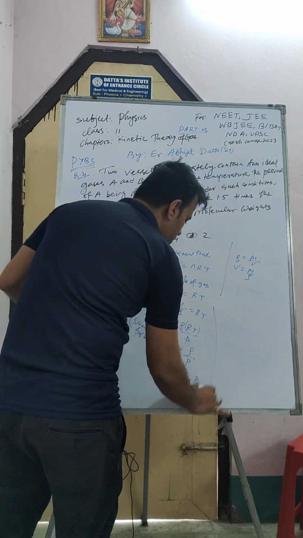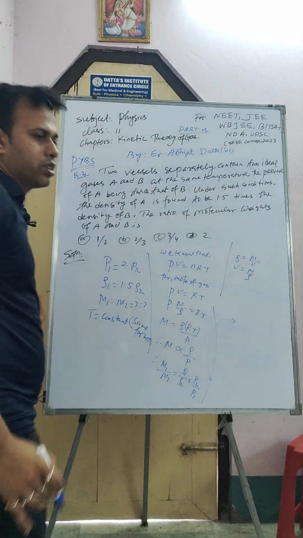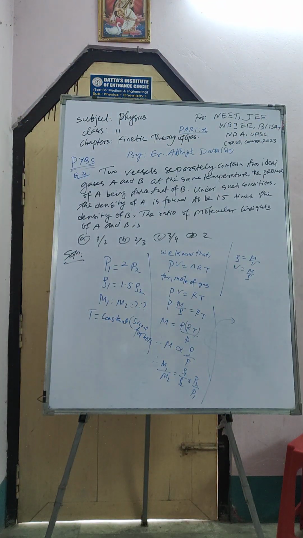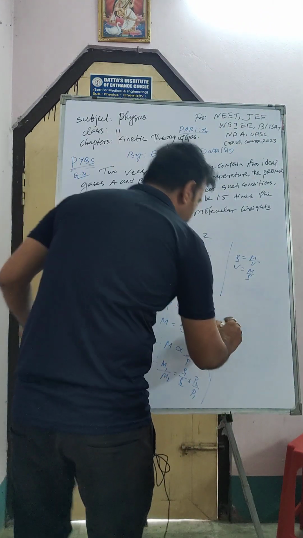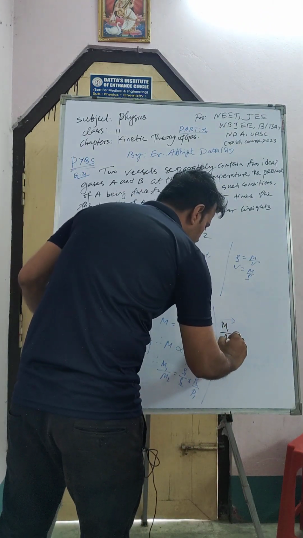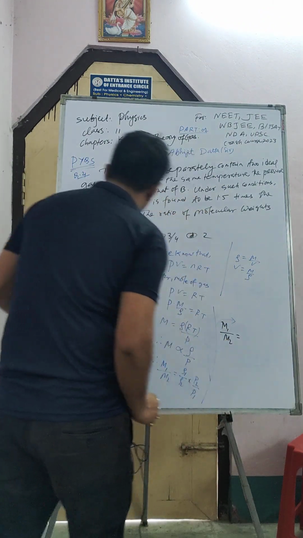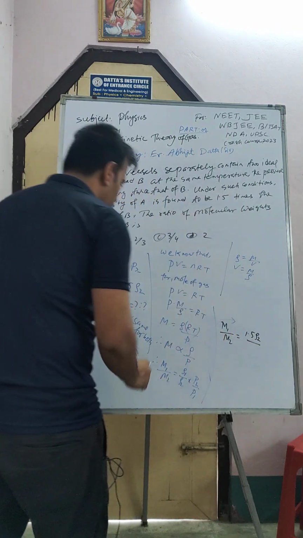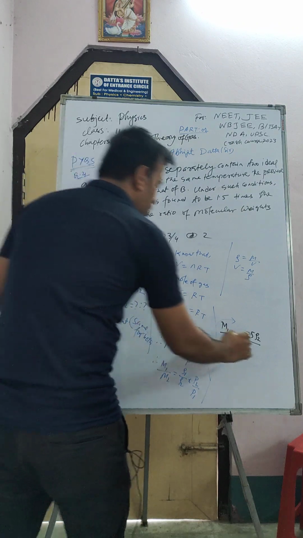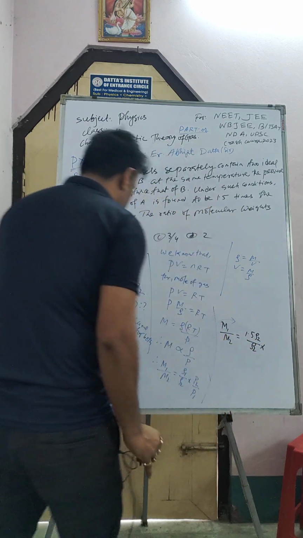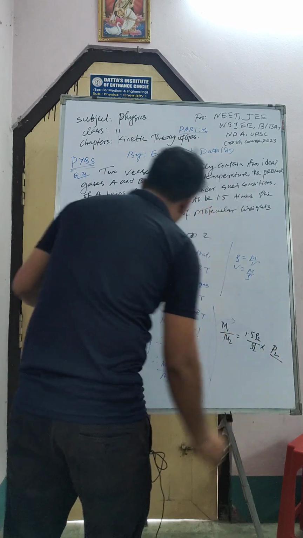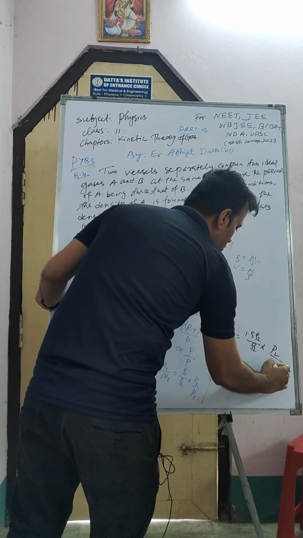So now you just put the values of all three. You will get M1 by M2. Rho 1 is 1.5 rho 2, and rho 2 is rho 2. P2 is P2, and P1 is 2P2.